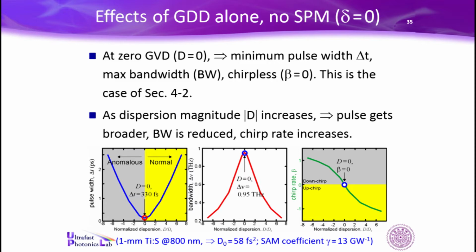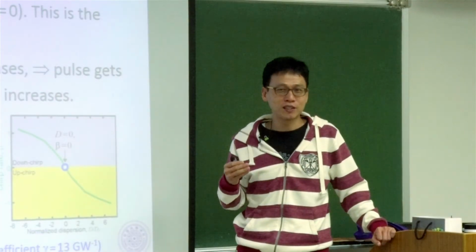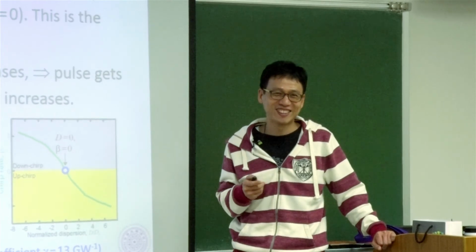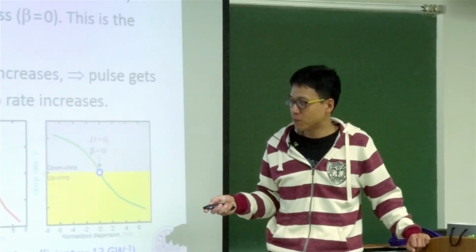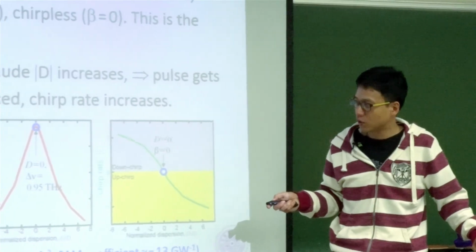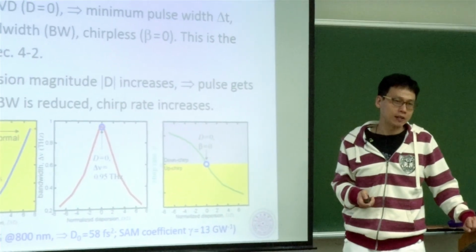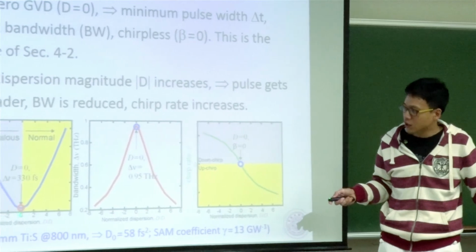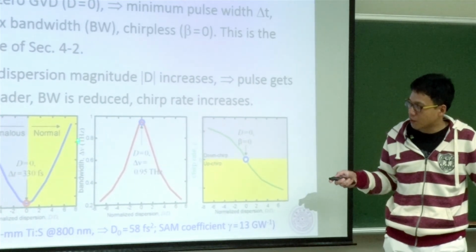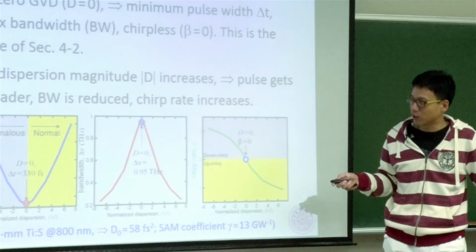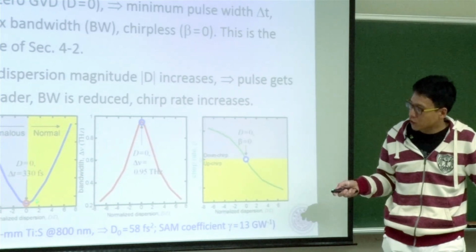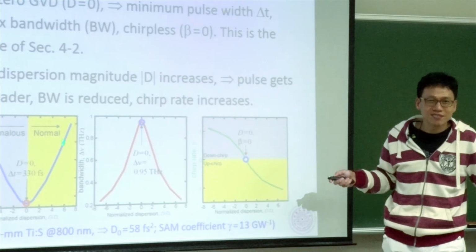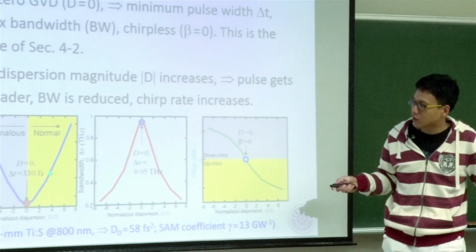But if you are very careful, please focus on, in addition to the qualitative description, the quantitative information. For example, minimal pulse duration here is about 330 femtoseconds. If your GDD parameter increases to the maximum in this simulation, your pulse width increases by how many times? This is 330 femtoseconds.